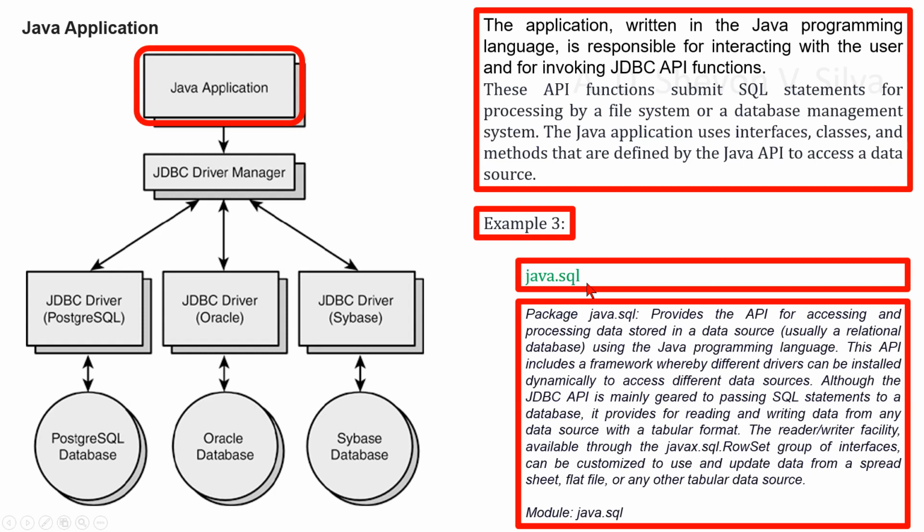Next point is custom mapping of SQL user defined types (UDT) to a class in the Java programming language: SQLData interface, SQLInput interface, and SQLOutput interface. Next point is metadata: DatabaseMetaData interface, ResultSetMetaData interface, and ParameterMetaData interface. The last point is exceptions: SQLException, SQLWarning, and BatchUpdateException.